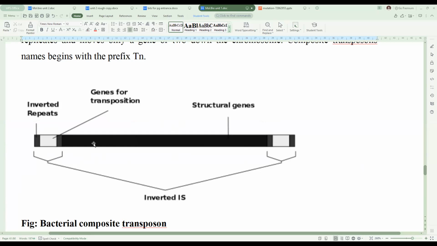Between these two simple transposons, or insertion sequences, there will be other genes. Two insertion sequences are lifting another sequence between them. They can have a gene for antibiotic resistance also.